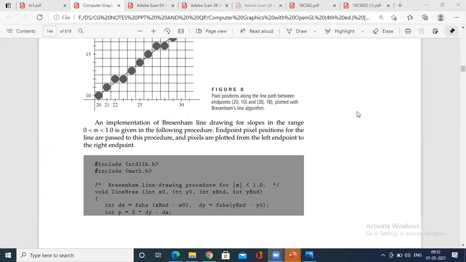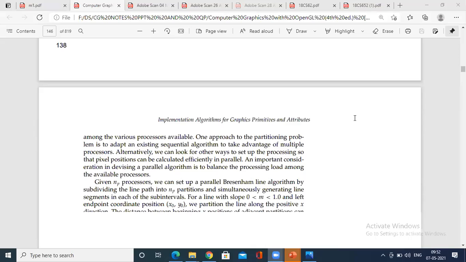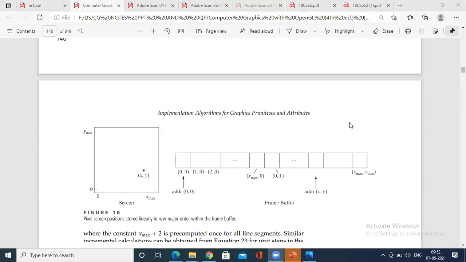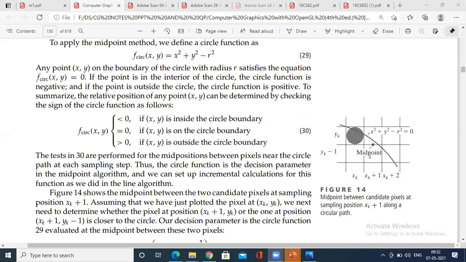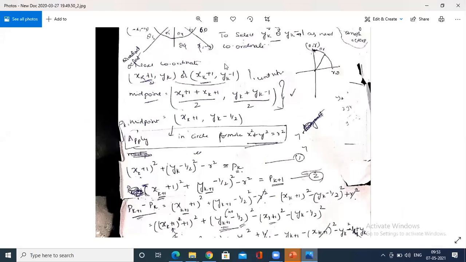Same as in the case of an arc, we need to identify the pixels on the arc using the properties of the circle. Now I was discussing identifying xk plus 1 or yk, xk plus 1 or yk minus 1, as it goes in unit interval.